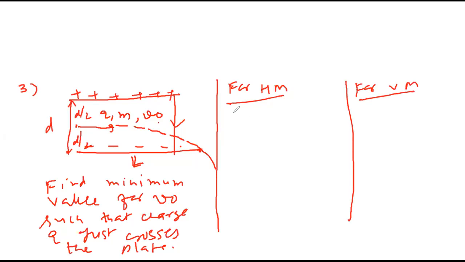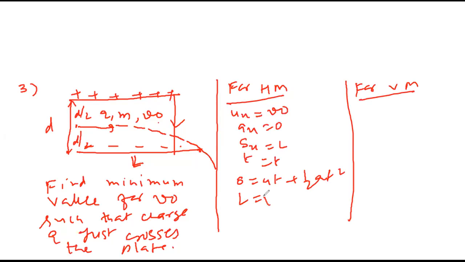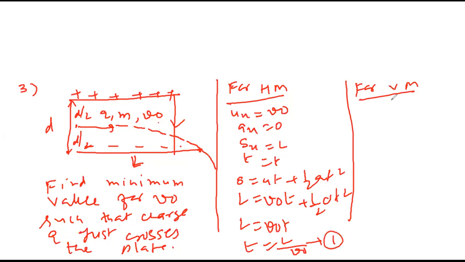For horizontal motion, initial velocity is V naught, acceleration is 0, distance covered is L, time is T. So my formula: distance covered is ut plus half at square, which gives L equals V0t plus half into 0 into t square. From this, time will be L upon V0. We are interested in what the velocity V0 is.